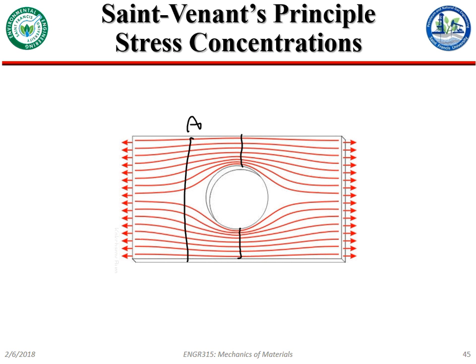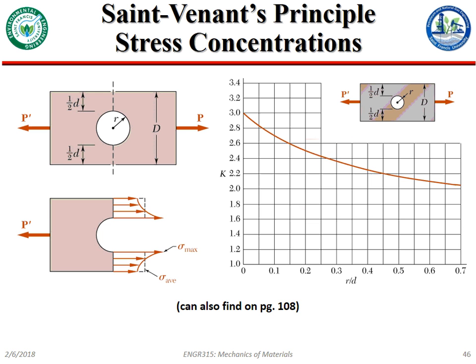Say that A has twice the cross-sectional area of B. That means that our stress at B would just be twice as much, right? But it can be a lot more, depending on the size of this hole relative to the width of the block.